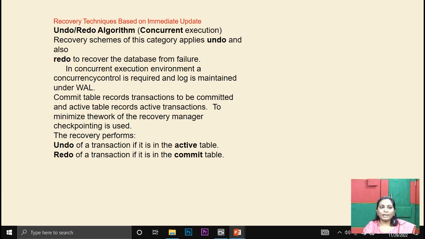This recovery scheme applies undo or redo to recover the database from failure. In a concurrent execution environment, concurrency control is required and the log is maintained under write-ahead logging. The commit table records transactions to be committed. The transactions which are committed and successfully completed will be in the commit table, and the active table holds all the transactions which are active, that is, currently running.